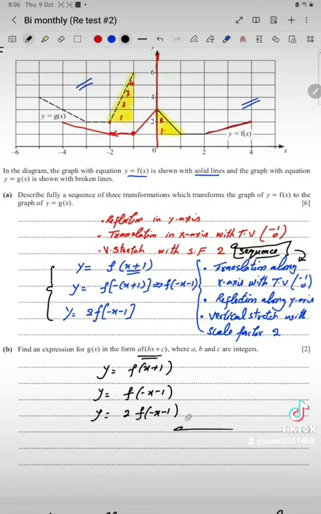So this is the required form, with a is 2, b is minus 1, and c is minus 1.